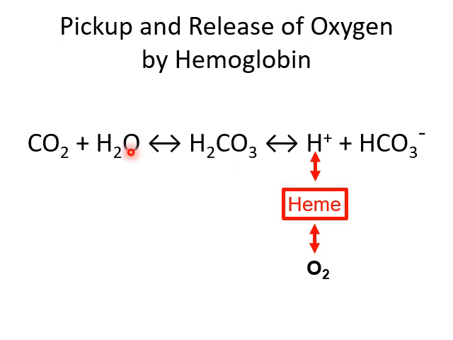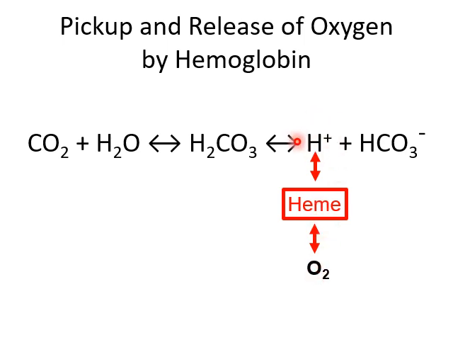So when we're out in the tissues, we have a lot of metabolism going on. That's going to generate carbon dioxide and water. As we burn nutrients all the way in the presence of oxygen, we're going to generate carbon dioxide. That's going to push the equation this way. That's going to increase our hydrogen ions. That has the habit of making the heme less sticky to oxygen.